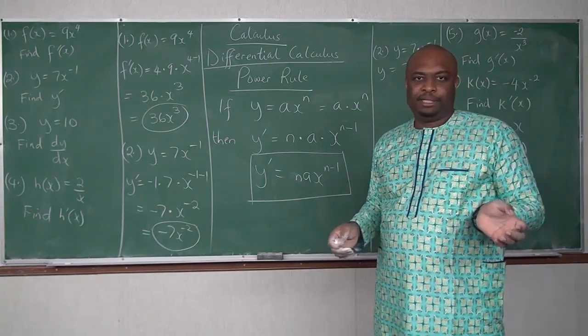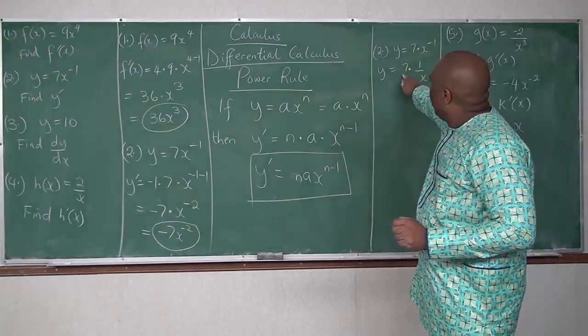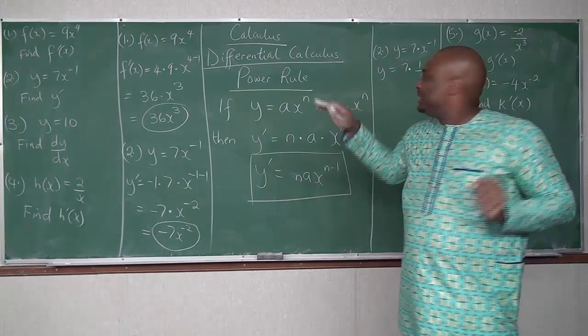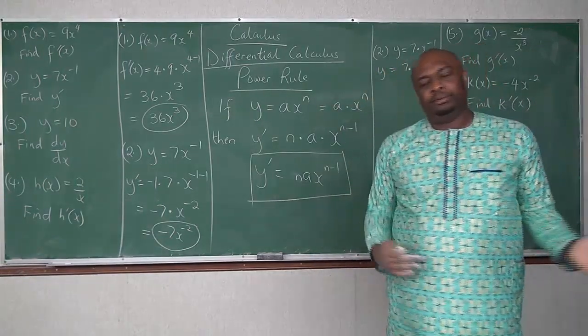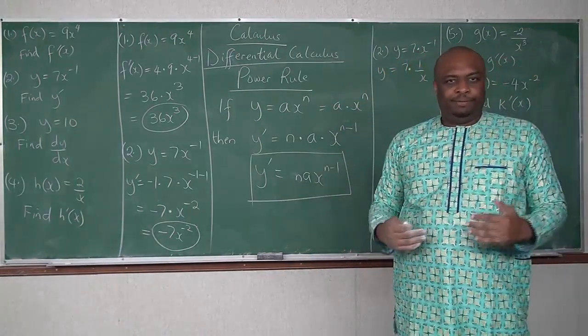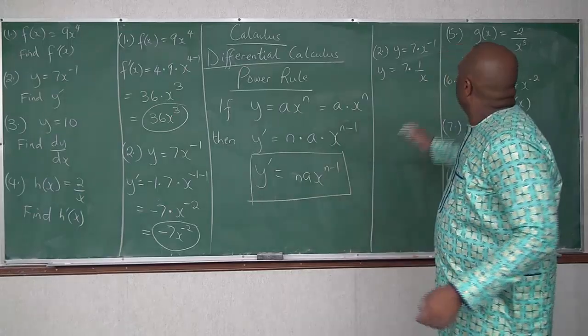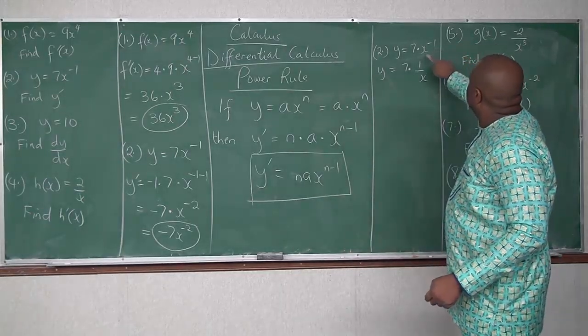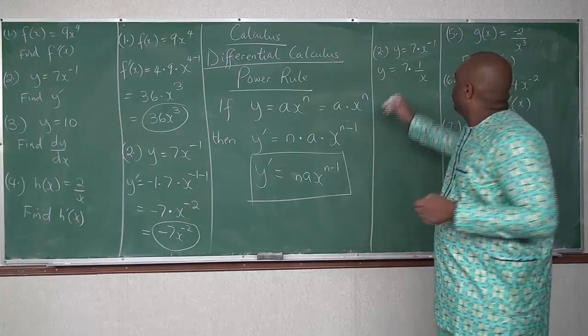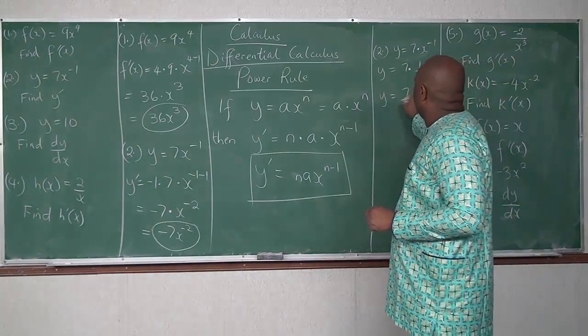We talked about exponents too. This is negative exponents. So x raised to power negative 1 is 1 over x. So what if they gave you 7 over x?